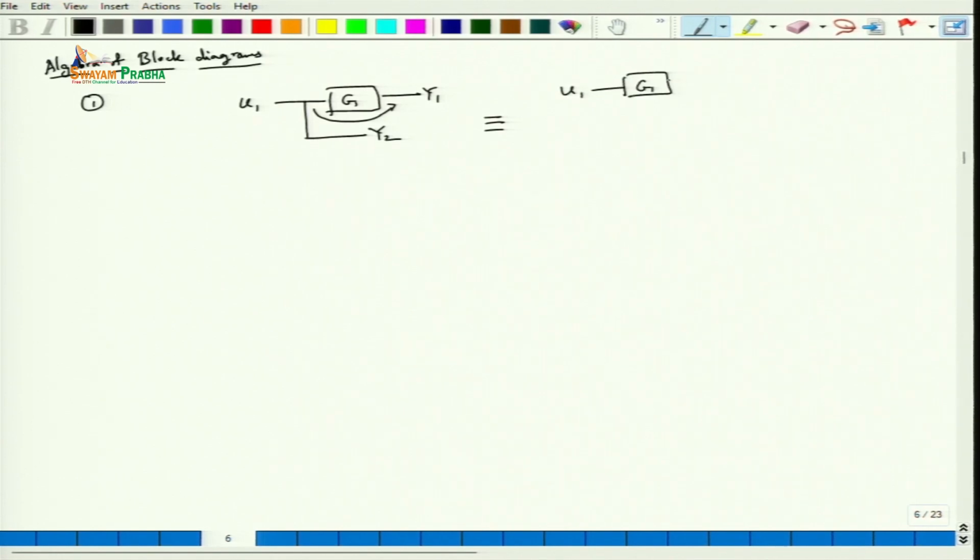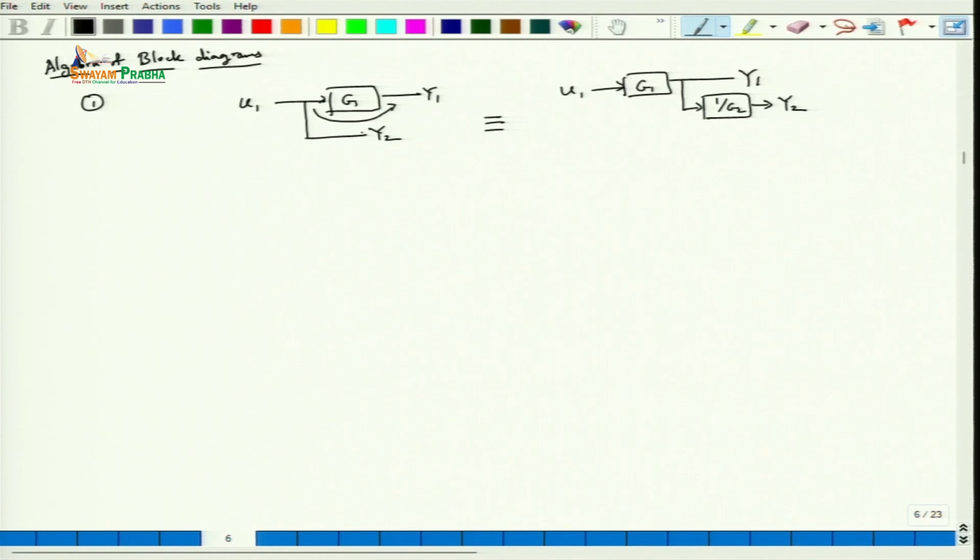Now, since we are moving this point from here to here, we have y here, and we'll take this point here. So we'll need to put another transfer function here, which is 1 by G2. In this way, we can move this pickoff from here to here.